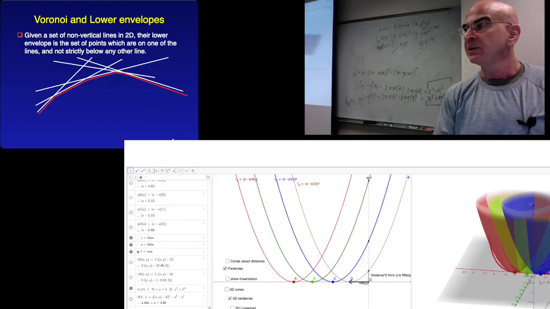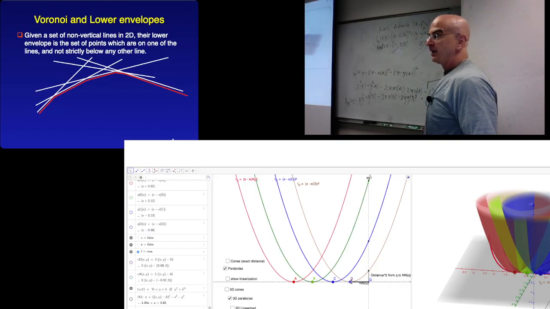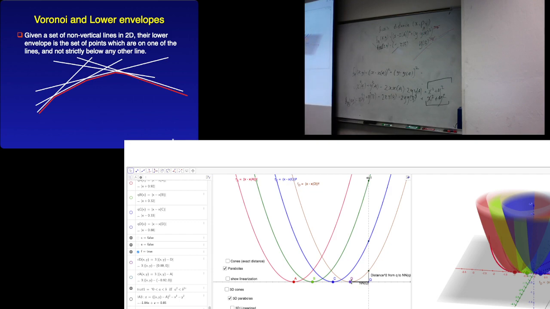From this moment, I can subtract the x squared from both A and B, and I'll get a different lower envelope with different functions, of course. But for every fixed (x, y), if I'm looking above me, the color of the function above me should not change. If it was determined by A, it will still be A, because I subtract the same value from all the functions in this case.